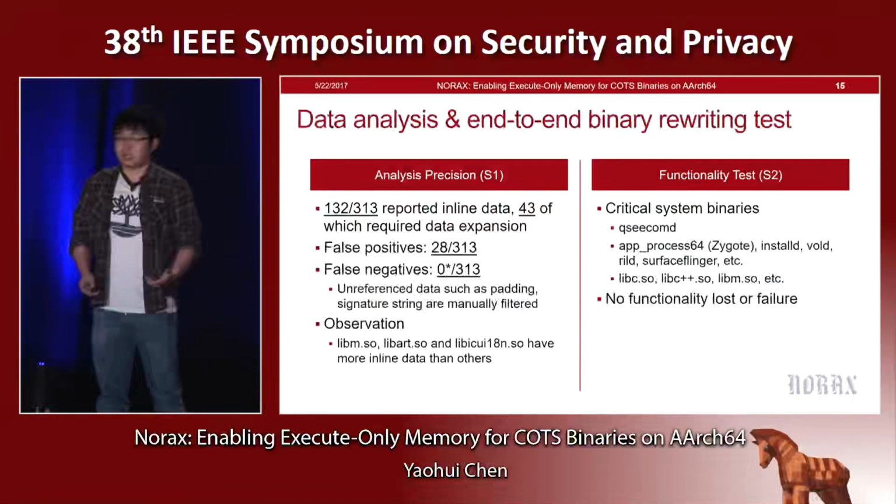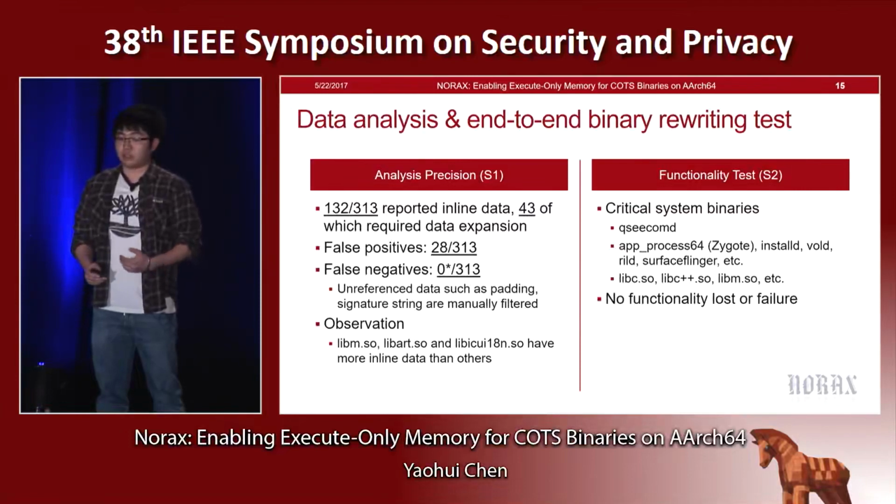Regarding the data analysis, we use set S1, in which we observe 132 out of 313 binaries have reported inline data. And 43 of them, during the analysis process, require this unbound data expansion, which means that the rest of the 132 binaries can be analyzed nicely with the guided data collection.